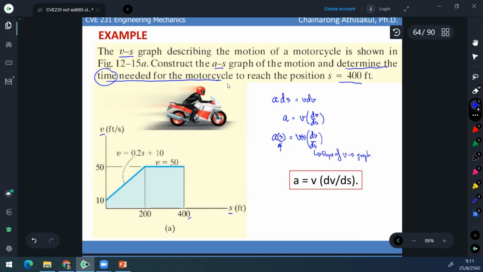But now after we obtain the acceleration, it is the acceleration at any position s, but not at any time, because now we know the relationship between s and velocity.